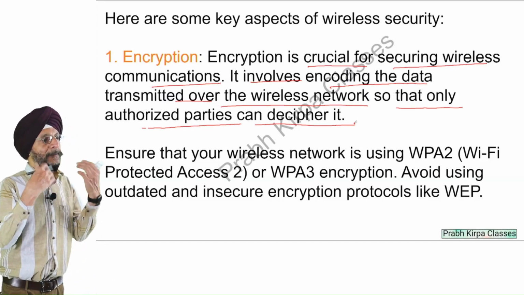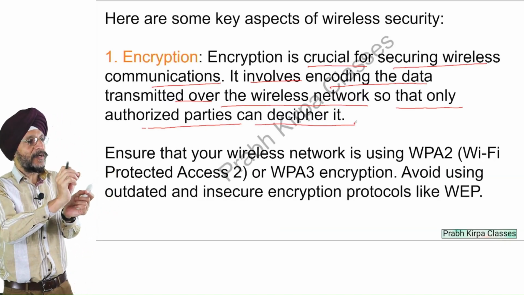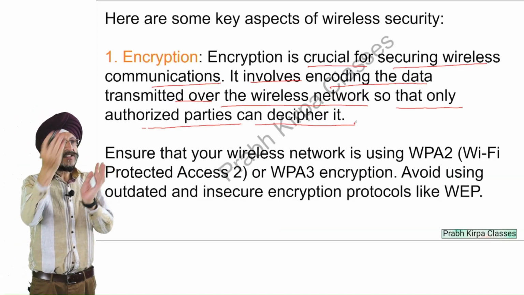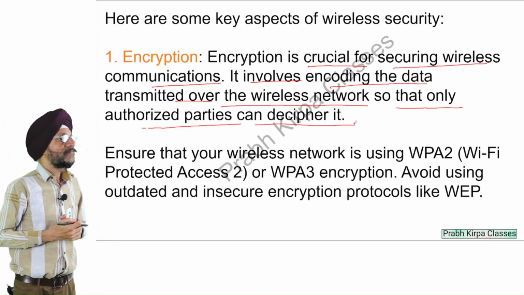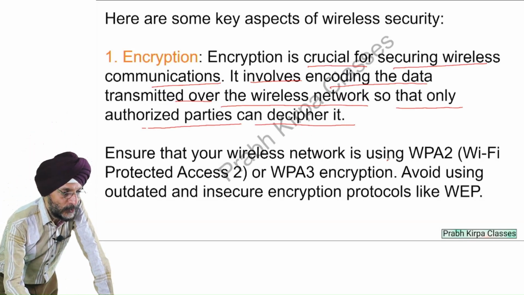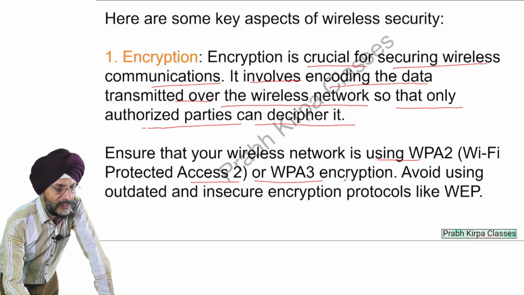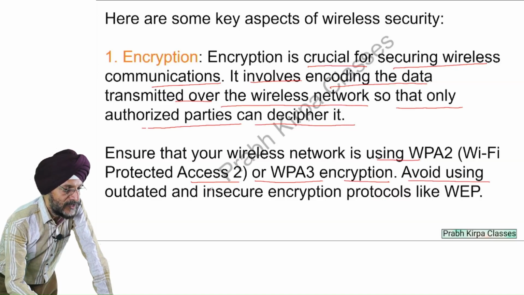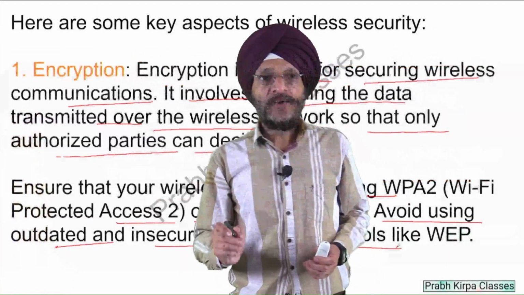Decipher means decrypt it, because when the data has been transmitted, it has been encrypted, and when it reaches the other side, the other person needs to decrypt it. Ensure that your wireless network is using Wi-Fi Protected Access 2 or Wi-Fi Protected Access 3 encryption. Avoid using outdated and insecure encryption protocols like WEP.